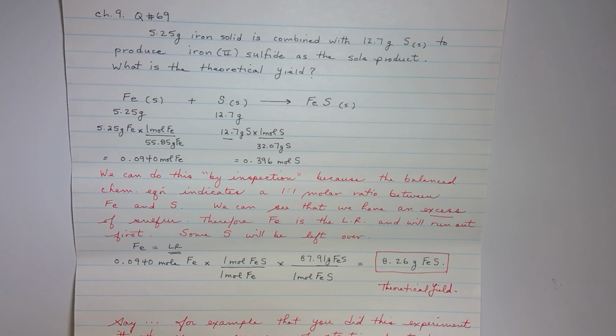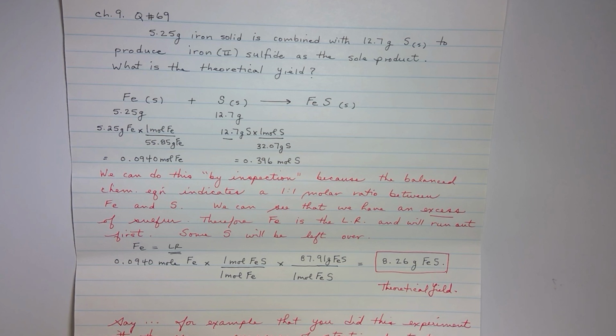It's a 1-to-1 molar ratio. That converts my moles of iron to a corresponding number of moles of iron sulfide product that form. I want to bring it to a mass because I want to calculate the mass yield, and 87.91 grams is the molar mass of iron sulfide.